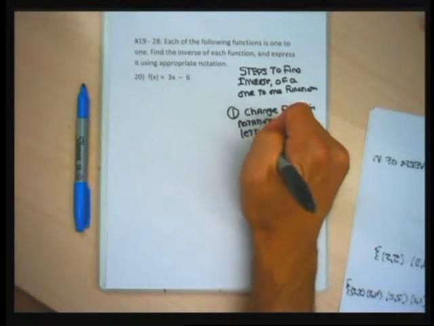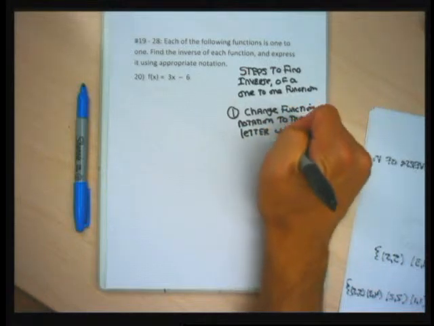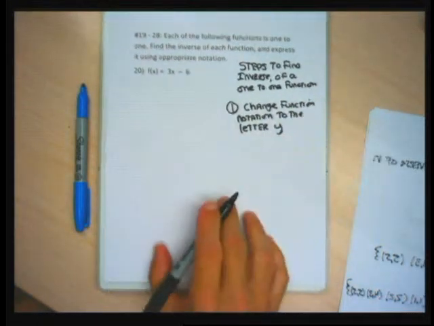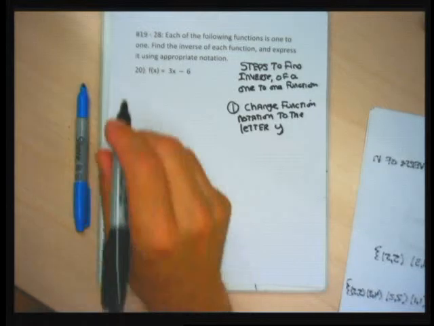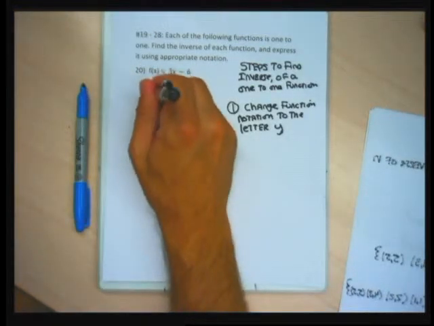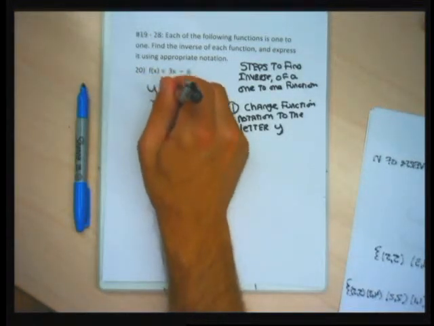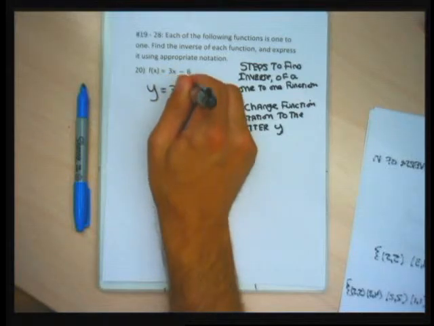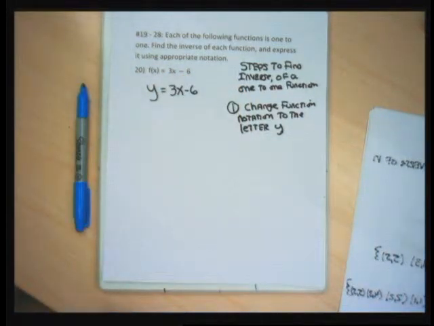Eventually, I'm going to go back into function notation on my last step. To find the inverse of a one-to-one function, you switch the x's and y's. If you don't see both an x and a y, it makes it hard to do that. So I change the function symbol to a y. That's completely legal to do. I do that a lot.